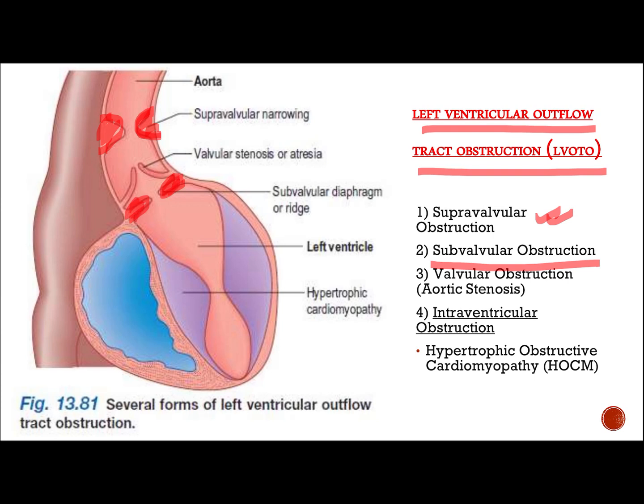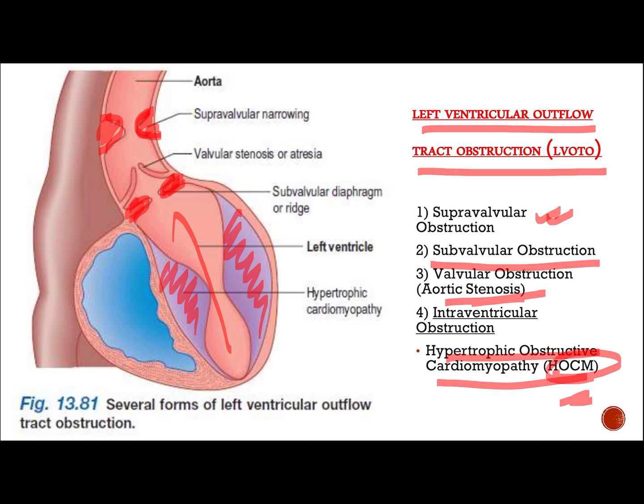The most common cause is aortic stenosis itself, and there could also be an intraventricular obstruction. The most common cause of intraventricular obstruction is hypertrophic obstructive cardiomyopathy, also known as HOCM. In this case, there is hypertrophy of the myocardium of the ventricle, and this hypertrophy leads to obstruction to the outflow of blood from the ventricle into the ascending aorta. So these are the causes of left ventricular outflow tract obstruction.